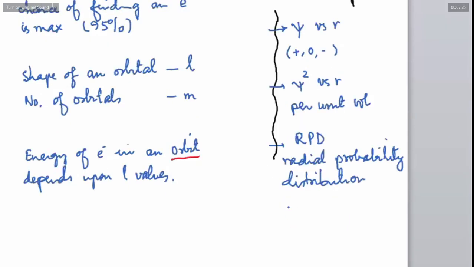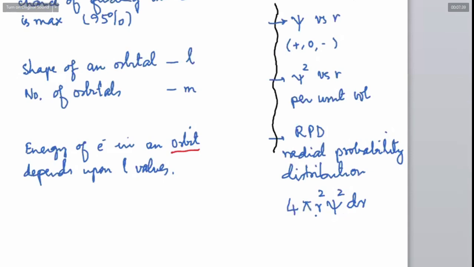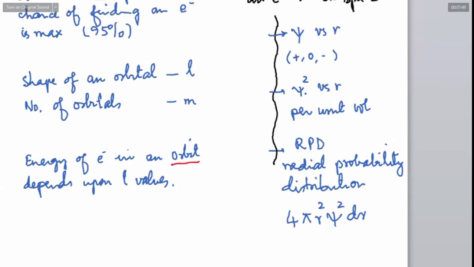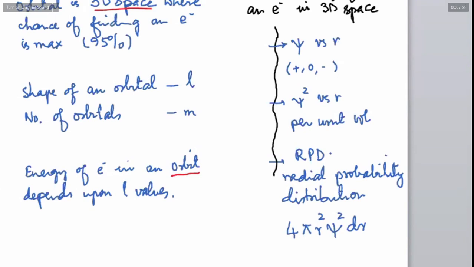This is 4 pi r square psi square dr. You have to remember this, 4 pi r square psi square. Some people say capital R, some people say smaller. No problem. Psi square dr, right? dr, change in the element. Now I can discuss probability in terms of psi square and RPD. If I am changing the value of r, how to proceed? This is also against r. That we'll discuss. First write down this much, then we'll proceed. Go ahead.